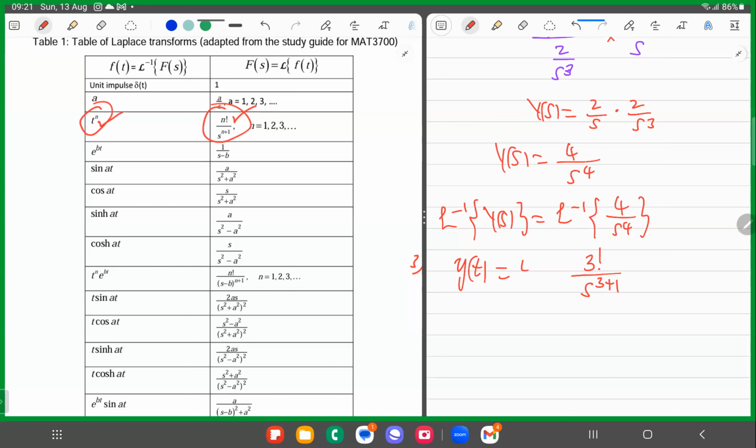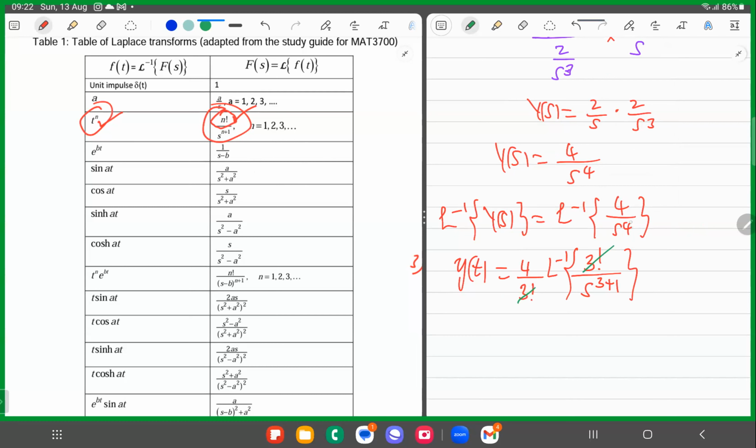So you take out the 4 and divide by 3 factorial, and then you put the inverse Laplace transform. Now this is all good. Why did we use 3 factorial? Because the formula says there must be n factorial, where n equals 1, 2, 3, etc.